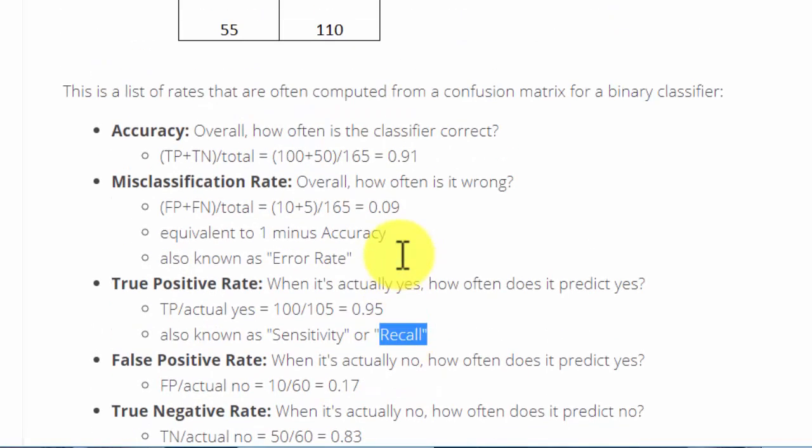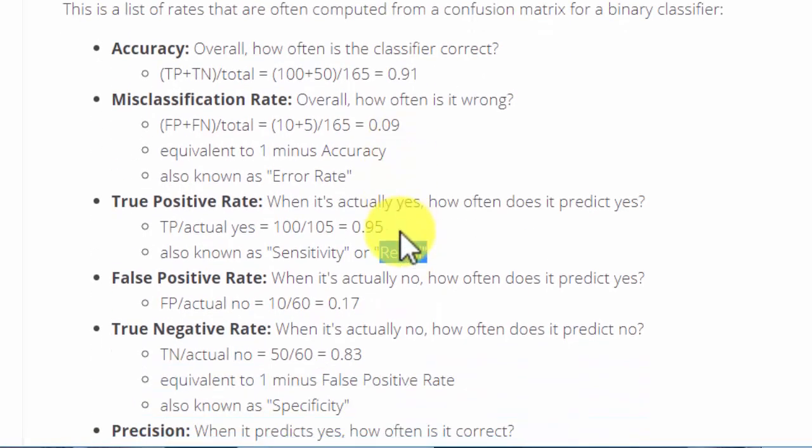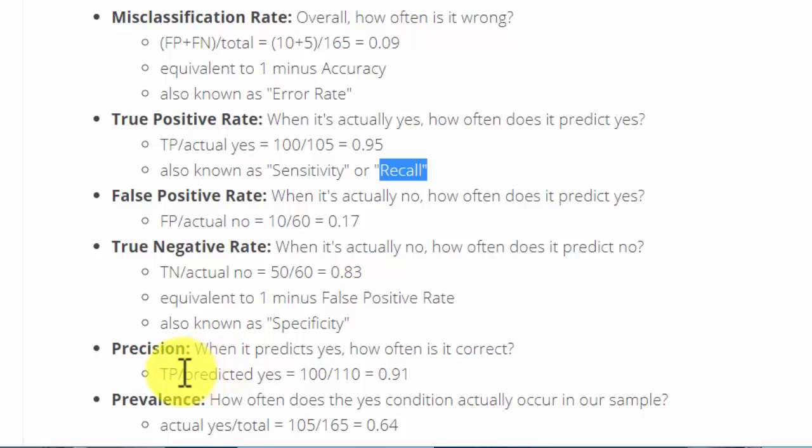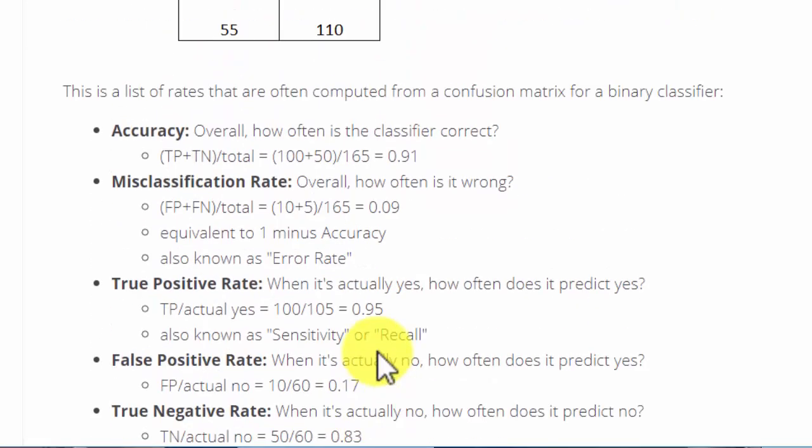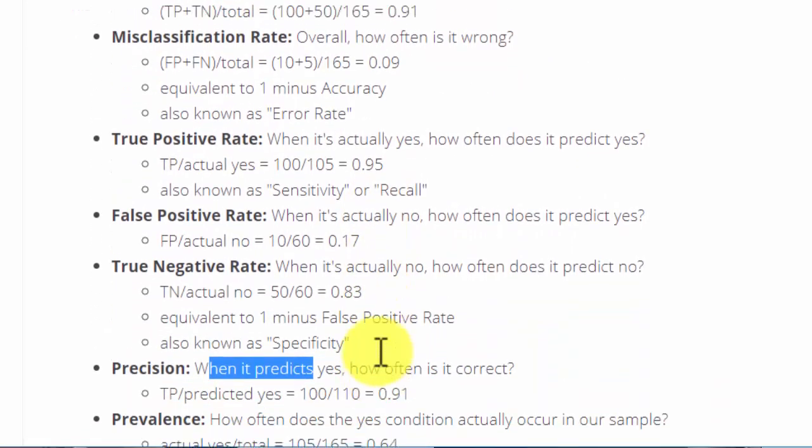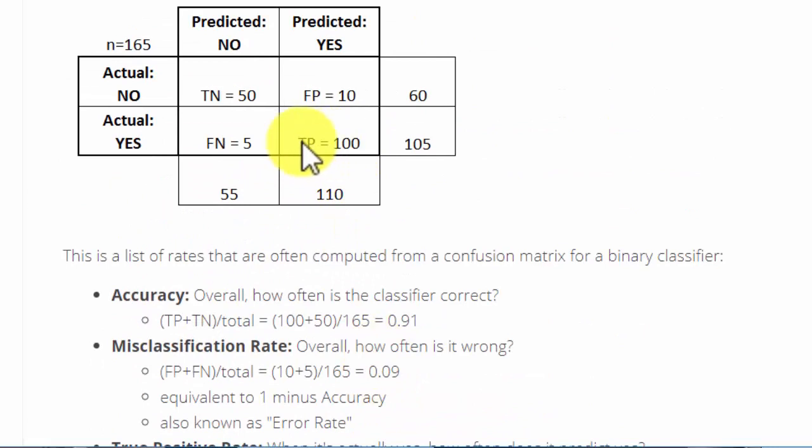Another one a lot of people talk about is precision, and so that's true positive divided by the predicted yes. So, like conceptually, when you predict that somebody has disease, how often is it that they actually do have the disease, and in this case, it's this true positive 100 divided by the total out of the predictions that somebody had disease.